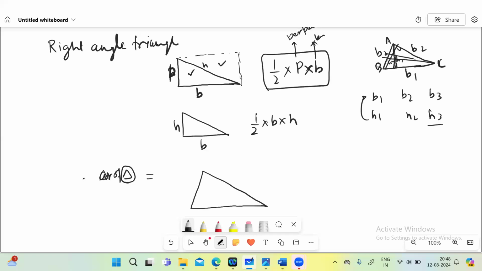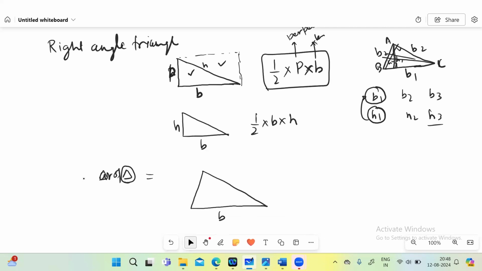Before going ahead, I'll warn you that this is only true if we are taking the height of the same base. So if there is a random triangle and you have been given the base as well as the corresponding height of the triangle, how will you calculate the area of this triangle?